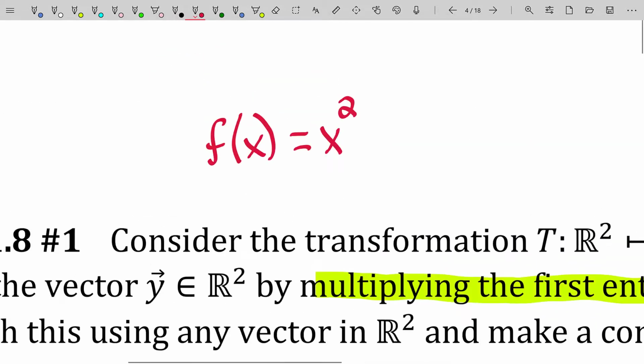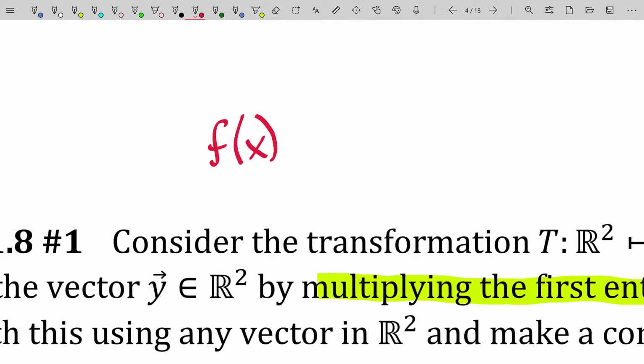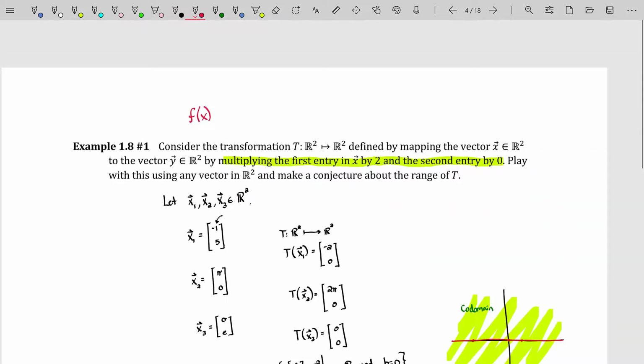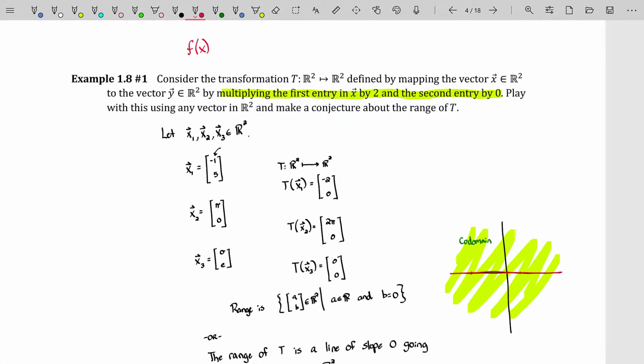Just like if I didn't tell you what this function was, and instead I said, hey, I've got a function, and whatever you plug into it, the function's going to return the square of that, right? I didn't explicitly write down the function, but I told you the action the function would perform. So we used our brains and developed some outputs. Same thing here. But trust me, this is just an introduction to transformations. We will actually get to the true, defined machines that are working in the background, and we'll do that in the next video.